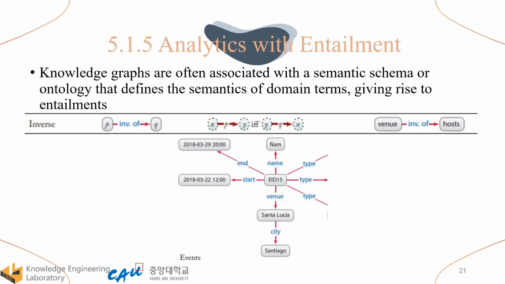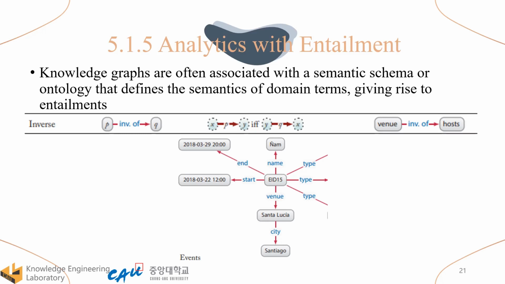As studied in Chapter 4, knowledge graphs are often associated with an ontology that defines the meaning of semantic terms or domain terms, resulting in entailments. For example, applying an analysis with or without such entailment, such as before or after materialization, can produce fundamentally different results.